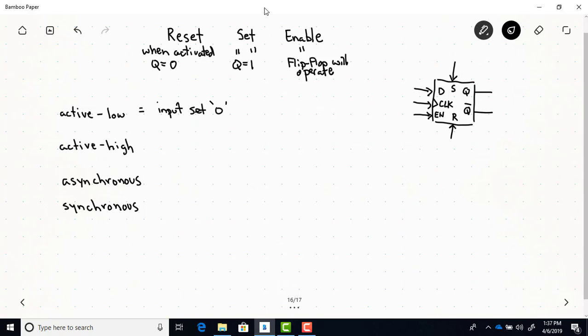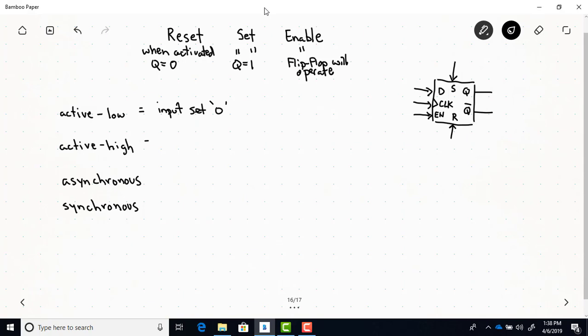For example, if you had an active low reset and you put a 0 on that reset input, that's when Q is going to equal 0. Or if you had an active low set, same thing: when you put the 0 on the set input, since it's active low, it will set the flip-flop and make Q equal to 1. And if you have an active low enable, it's going to take a 0 on that enable input to get the flip-flop to operate.